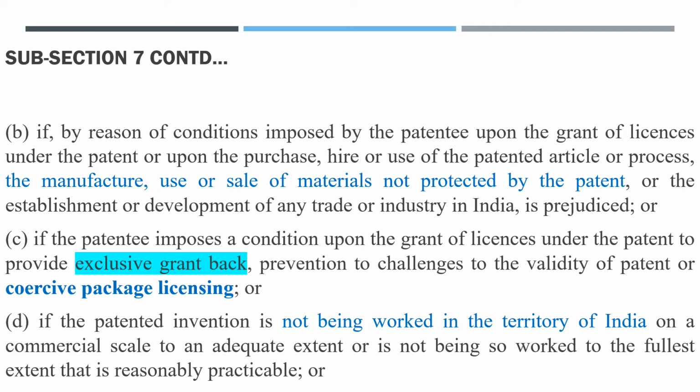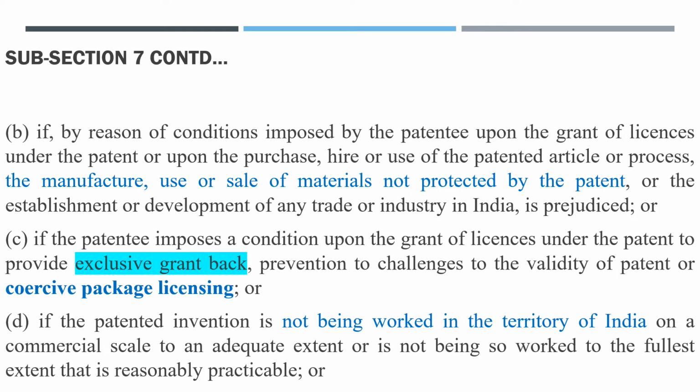So clause C, in a very simple way, just listen carefully. The licensor bears an exclusive right to use or sublicense any patented improvements, whereas the licensee retains only a non-exclusive right to practice the patented improvement. And this provision is called exclusive grant back. I shall repeat it.